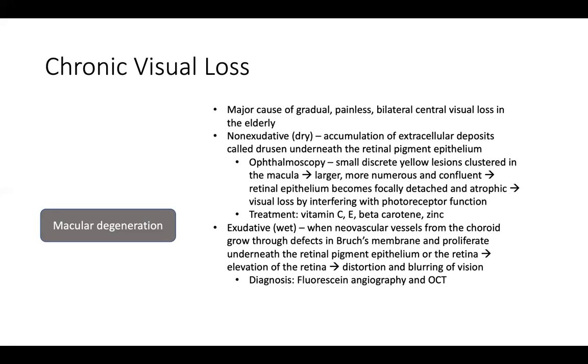Fluorescein angiography and OCT are extremely useful for their detection. A major therapeutic advance has occurred with the discovery that exudative macular degeneration can be treated with intraocular injection of antagonists to vascular endothelial growth factor.